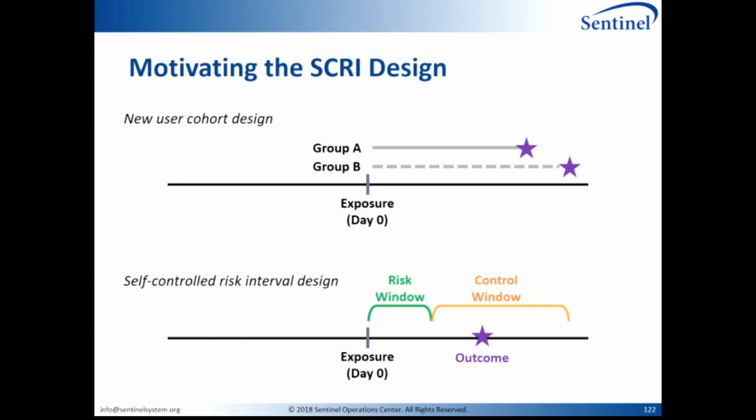In comparison, the self-controlled risk interval involves the definition of a risk window relative to exposure when an exposure is hypothetically able to have an effect on the outcome, and a control window when it's not. And we merely compare the frequency of the outcome in the risk window to that in the control window to assess the effect of the exposure on the outcome.